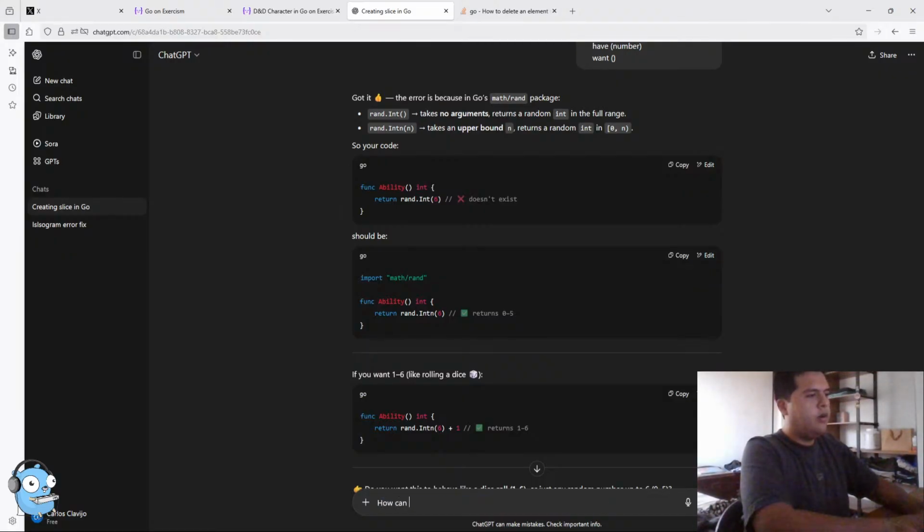How can I return a float64 number as an integer but round it down, negative?